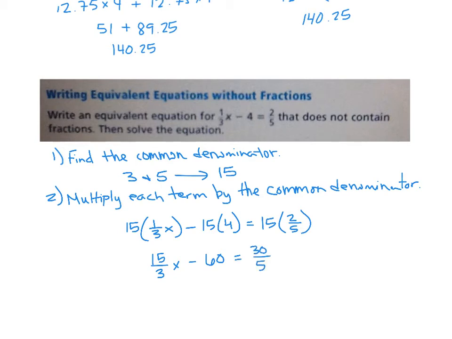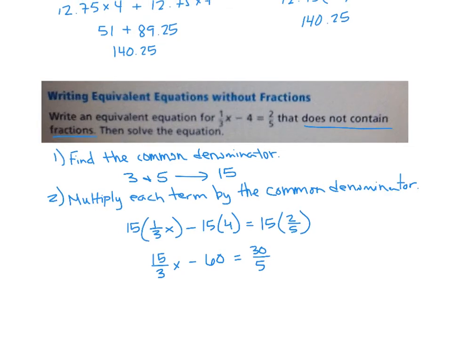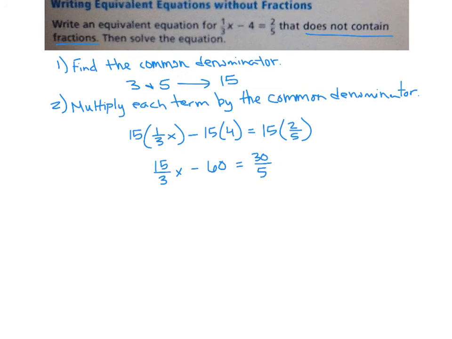But remember, does not contain fractions, so we're going to take that a little step further. 15 divided by 3 is 5x minus 60 equals 30 divided by 5 is 6. Then we're going to solve this equation, okay?